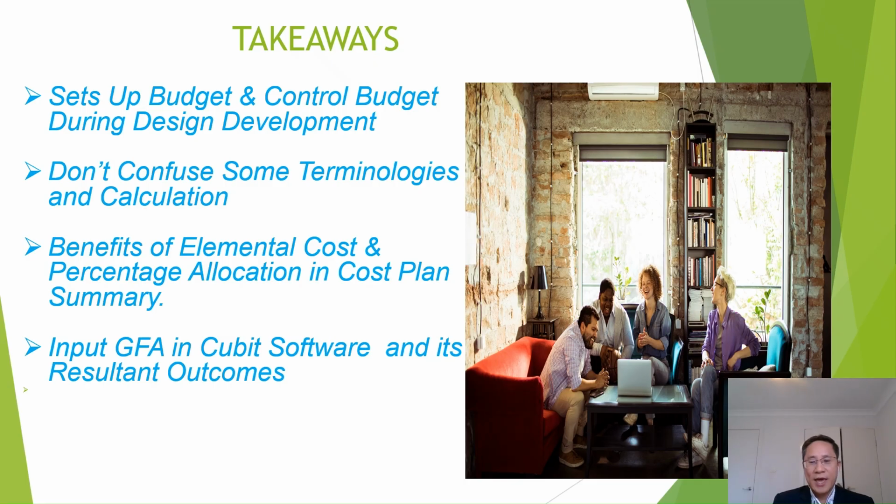For example, we can identify the average cost per square meter of a project and the respective elemental cost per square meter with the pertinent percentage cost, so that we are able to compare whether a cost plan prepared by a quantity surveyor firm is reasonable and accurate or not.